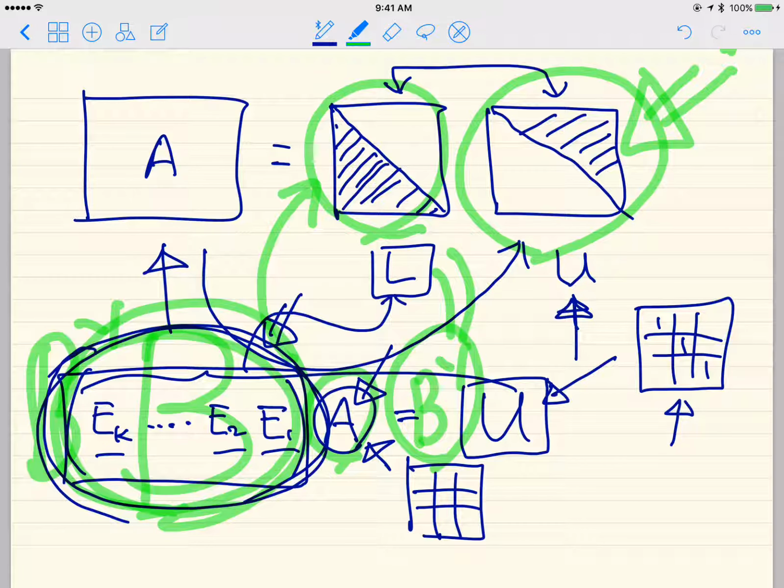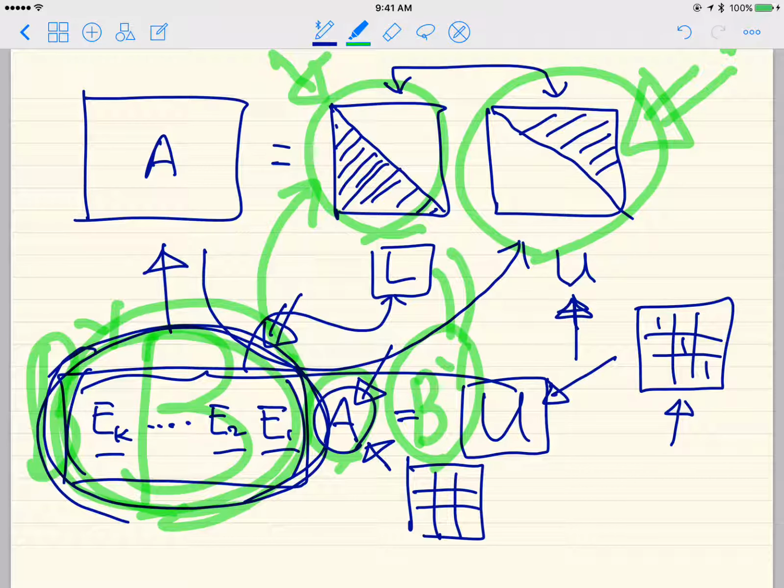Okay, so the first question is, are all these elementary matrices, or row reductions and their corresponding matrices, invertible or not? And the second question is, if it is invertible, is the inverse lower triangular or not?